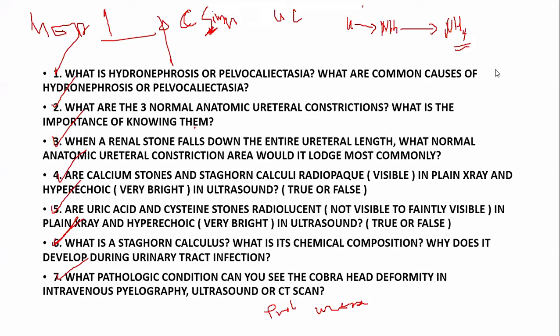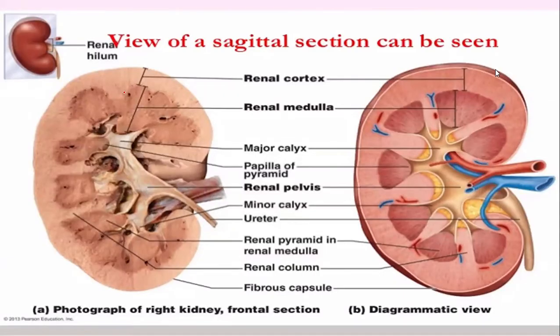Okay, welcome. So, let's review what the doctor said. Review na tayo, ha? If you look at this coronal section of a kidney, remember, the renal parenchyma is composed of the cortex and then the medulla.